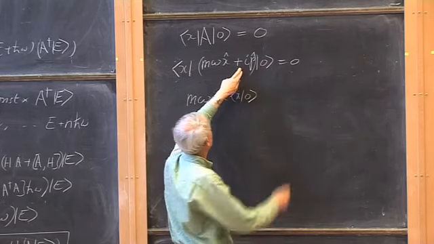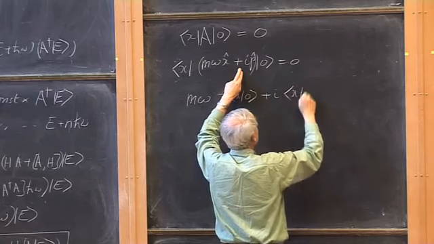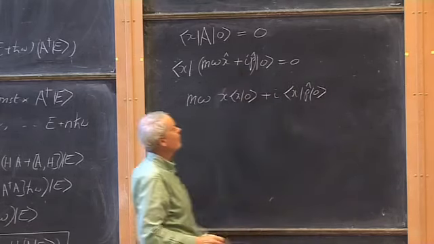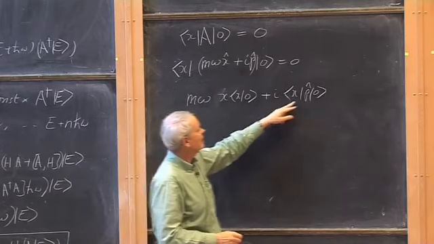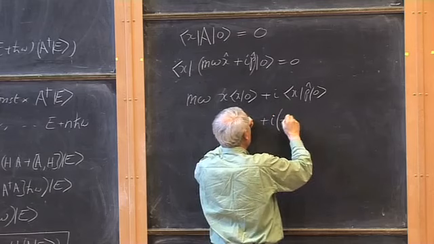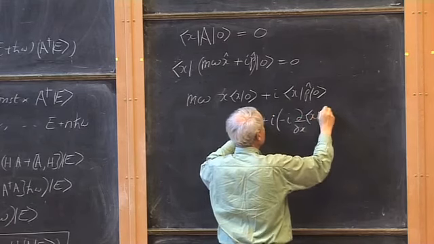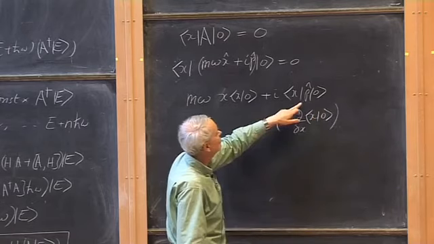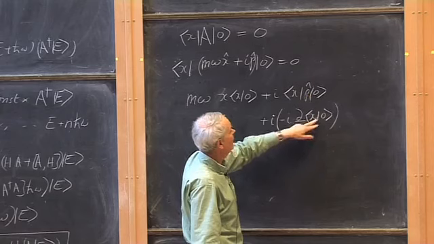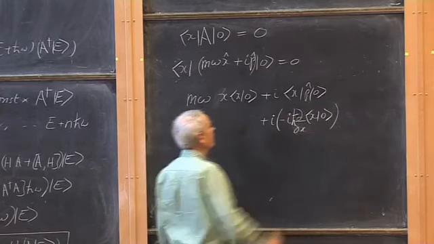And then we also have plus i x p naught. And the momentum operator was defined by saying that this thing is minus i h bar d by dx of x. This was the definition for any wave function of how p operated. With an h bar, thank you. Absolutely.